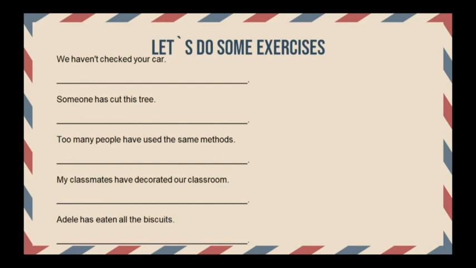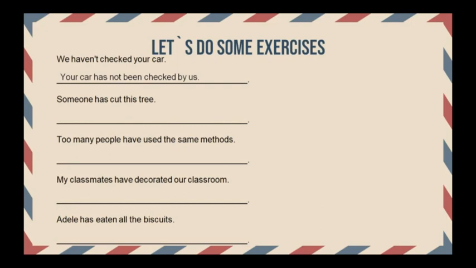Then the passive sentence is: your car has not been checked by us. Also here, in an active sentence you have a subject pronoun we, and it is put in passive voice as an object pronoun us. Okay?